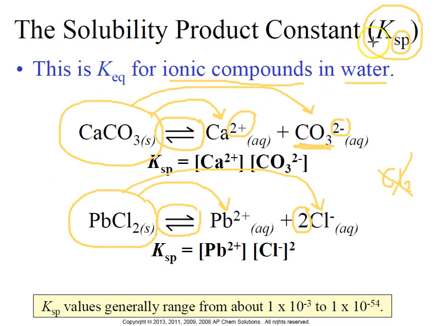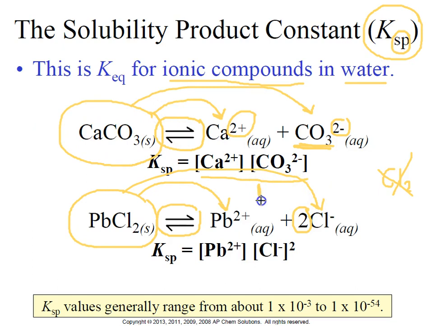So then to write the equilibrium expression, if you'll remember from a few chapters ago when we talked about equilibrium, it's products over reactants raised to their coefficients, but we leave out solids and liquids. So we have our products, calcium ion and carbonate ion, raised to their coefficients, there were no coefficients there, over the reactants. But the reactant was a solid, so it is not included.